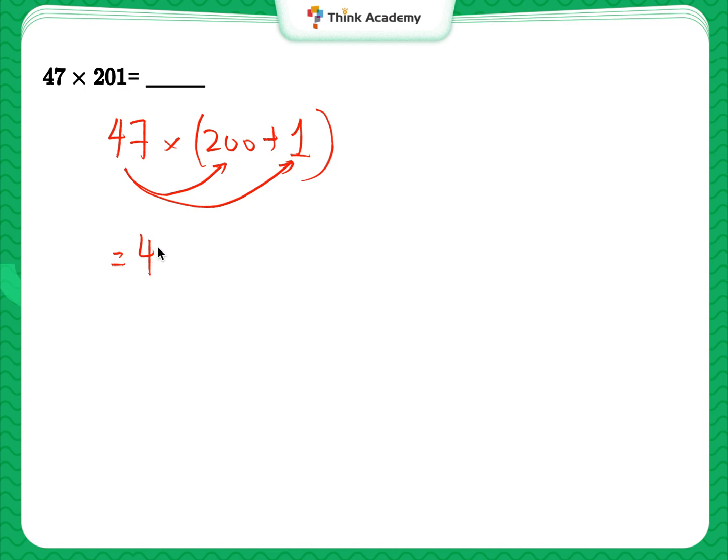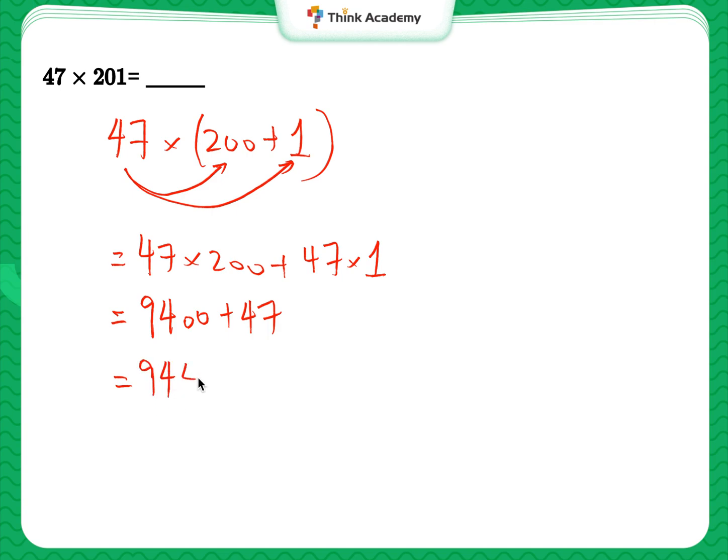So we have 47 times 200, adding 47 times 1, which is essentially 47. So what we have is 9,400, adding 47. So the answer is going to be 9,447.